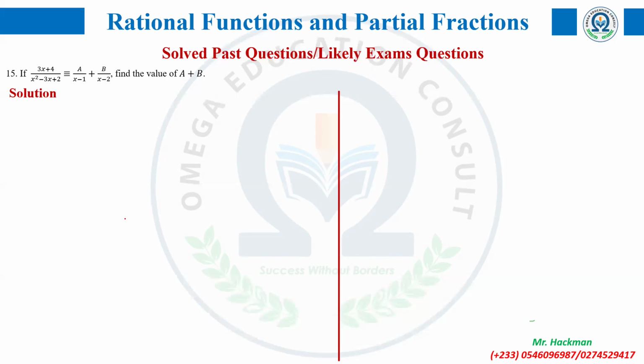Assuming maybe you found your A to be equal to 2, and B, you found B to be equal to 3 in your calculation, then you draw your conclusion. Therefore, the question asks you to find A plus B. So A plus B will be equal to 2 plus 3, which will be equal to what? 5. All correct?